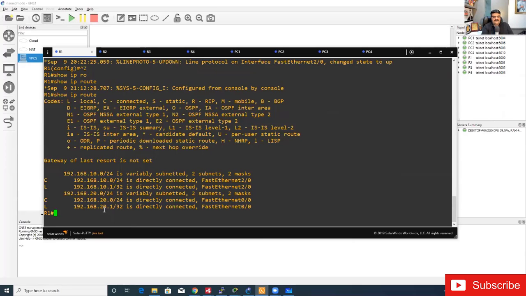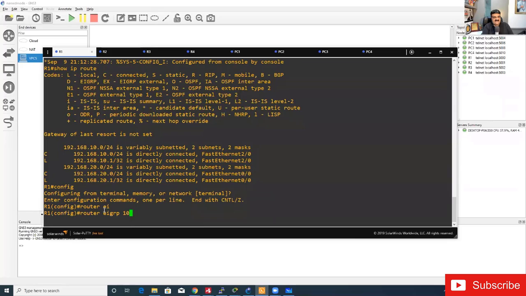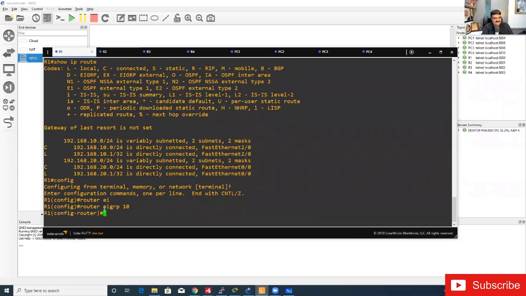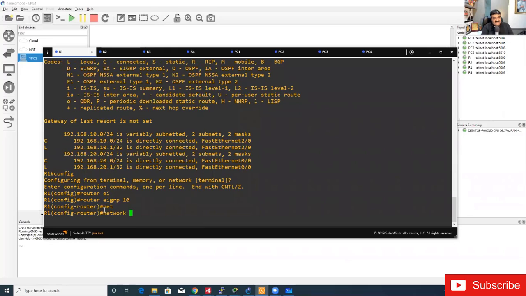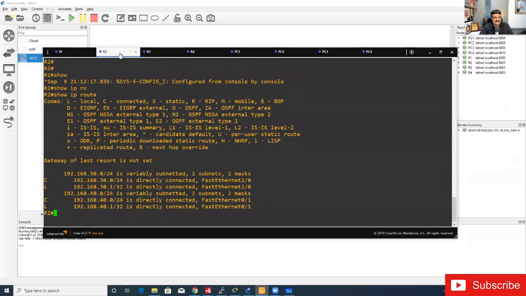Now I want to configure EIGRP, so I will configure it like this: router EIGRP 10. I'm going to configure IP version 4 with this particular lab because there is a reason. So network 10.0 and we have 20.0 in R2.